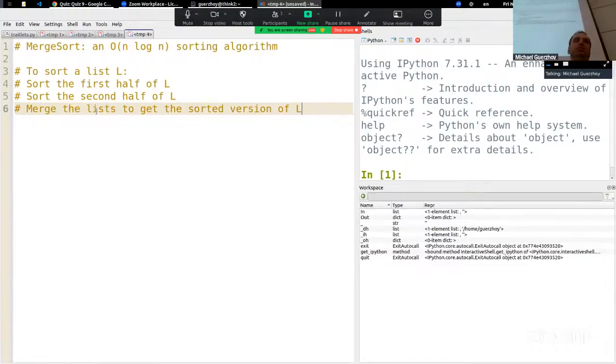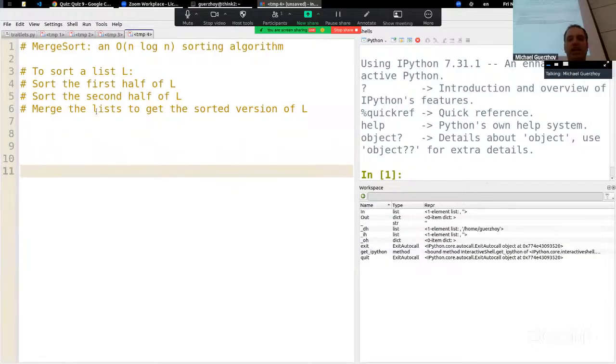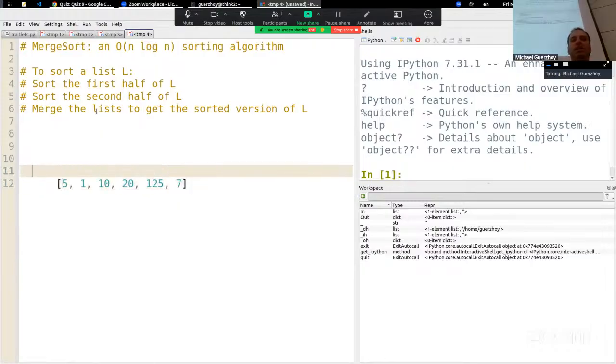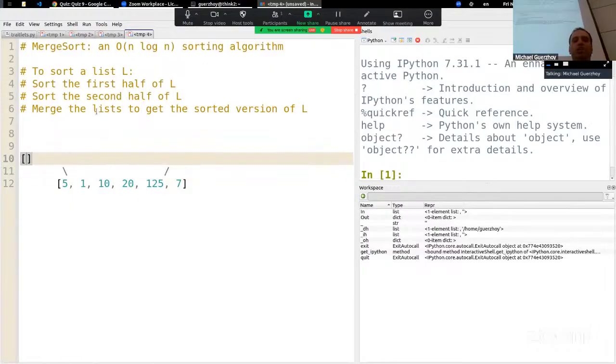That's the idea. Okay, so if I have a list that's not sorted initially, something like this, what I'm going to do is I'm going to say sort the first half. So the first half would be whatever, like 5, 1, 10.